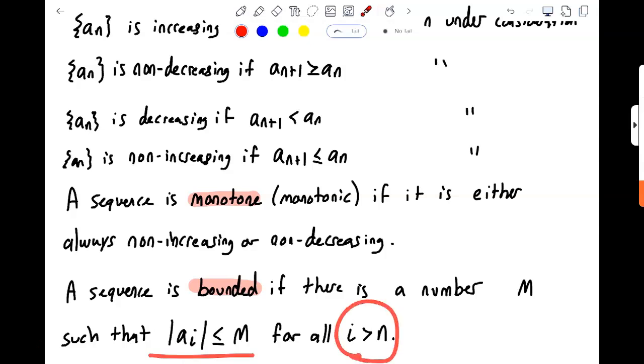It's okay if some of your initial points were bigger than that, but after that point, they're all smaller.